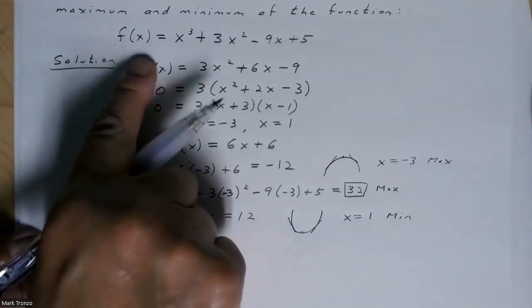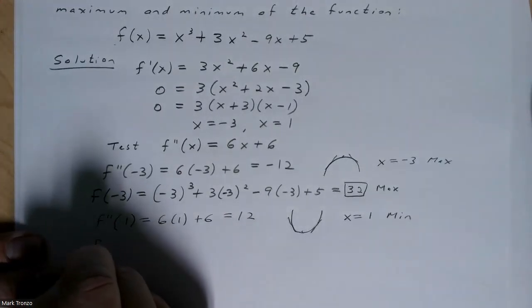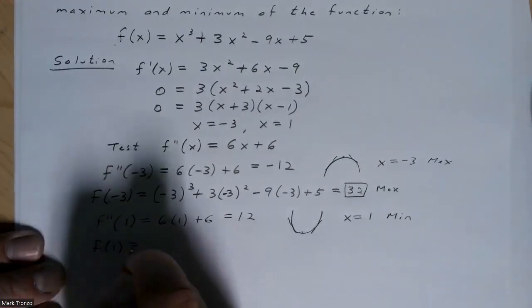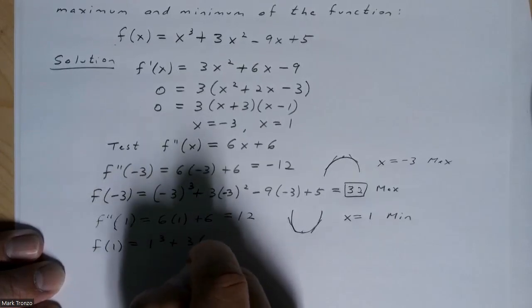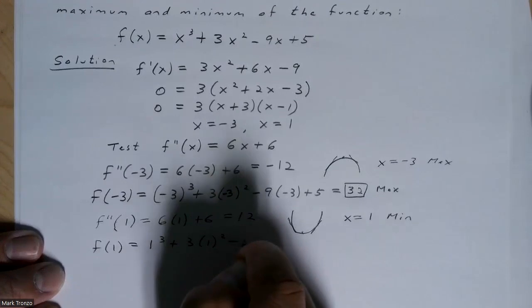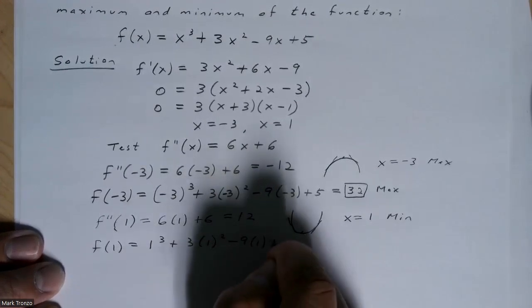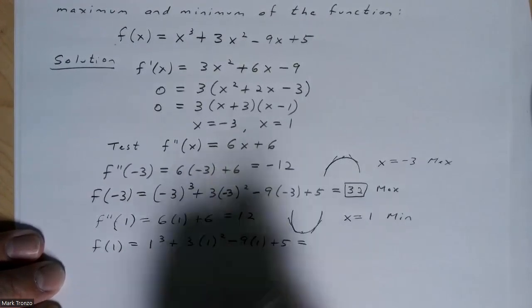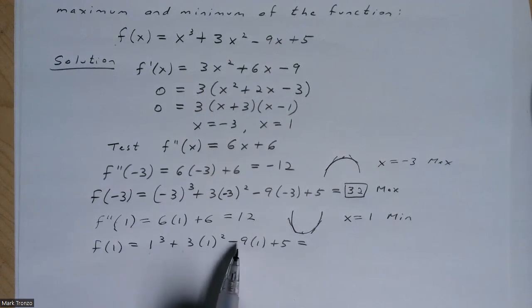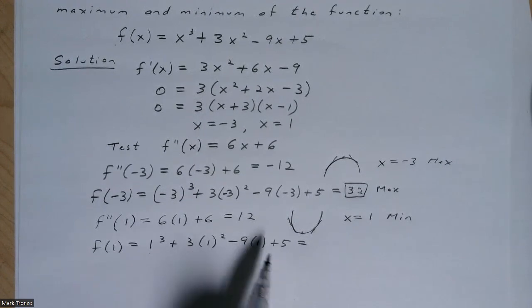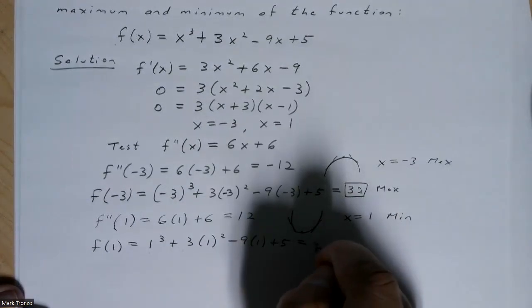And again, you can put that value back into the function and see what you actually get. And that'll give us minus 5 plus 5, which looks like 0.